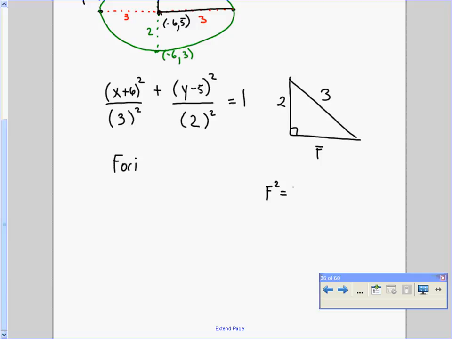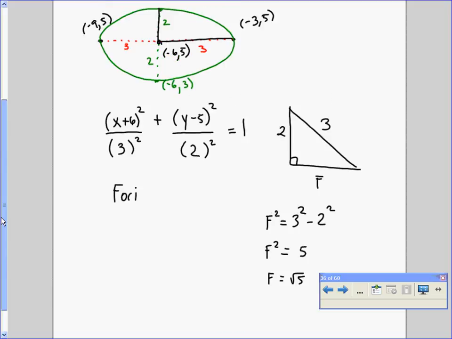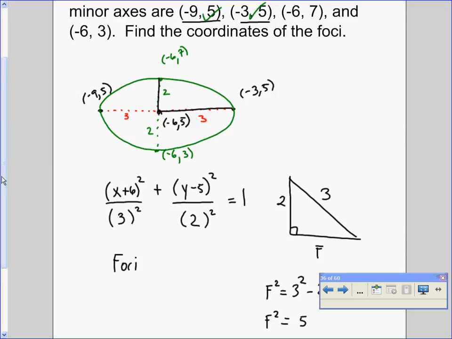So the foci squared is going to be 3 squared minus 2 squared, which is 5, and f is going to be the square root of 5. That means the focus is root 5 from that center. So the center is -6, and the focus is going to move along the x, so it's going to be -6 plus root 5, and then -6 minus root 5.